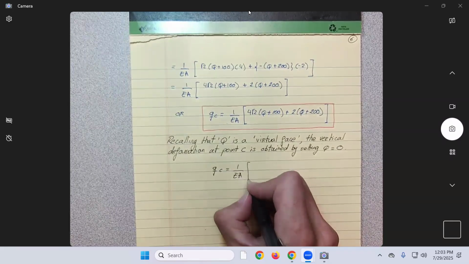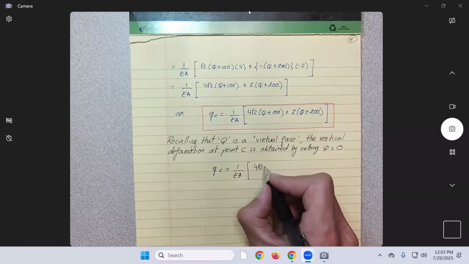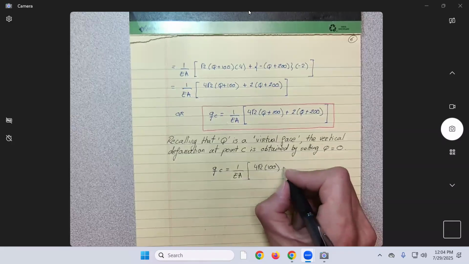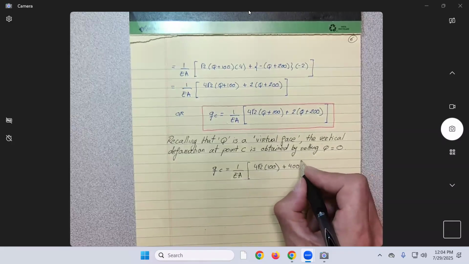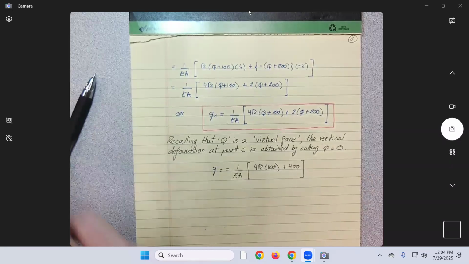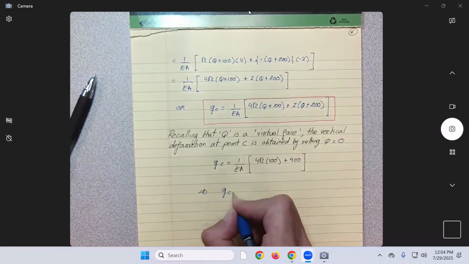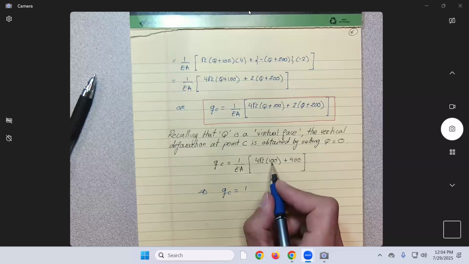times 4 square root of 2 times 100 plus 400. Again, I like the blue. Or I can simplify this expression, 4 times 100 would be 400.